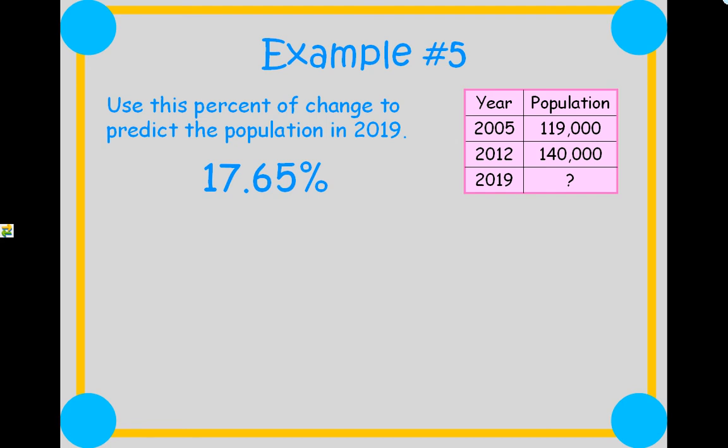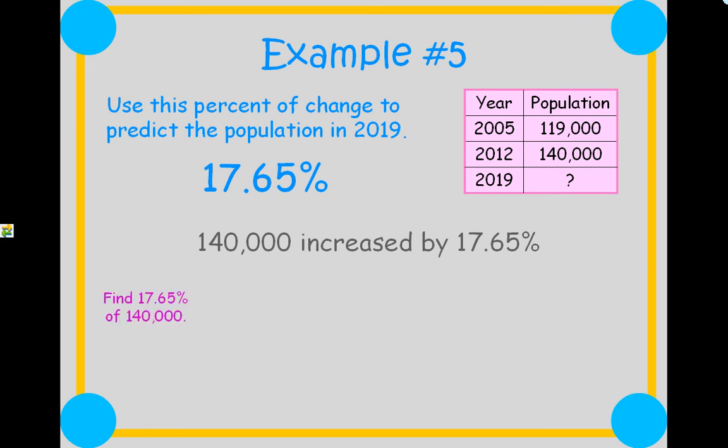Okay, so we're going to take the 140,000 and we're going to increase it by 17.65%. If this trend continues and it's a 17.65% change over a 7-year period, what is it going to be? So we're going to have to find 17.65% of 140,000. And we're going to do the same thing. To do that, we have to multiply, and when we multiply, we have to change that percent into a decimal.